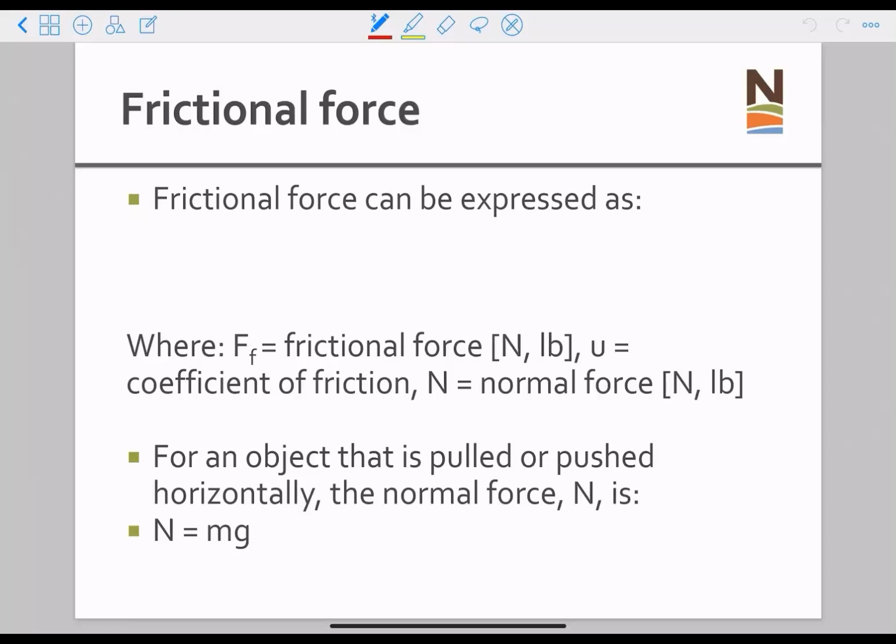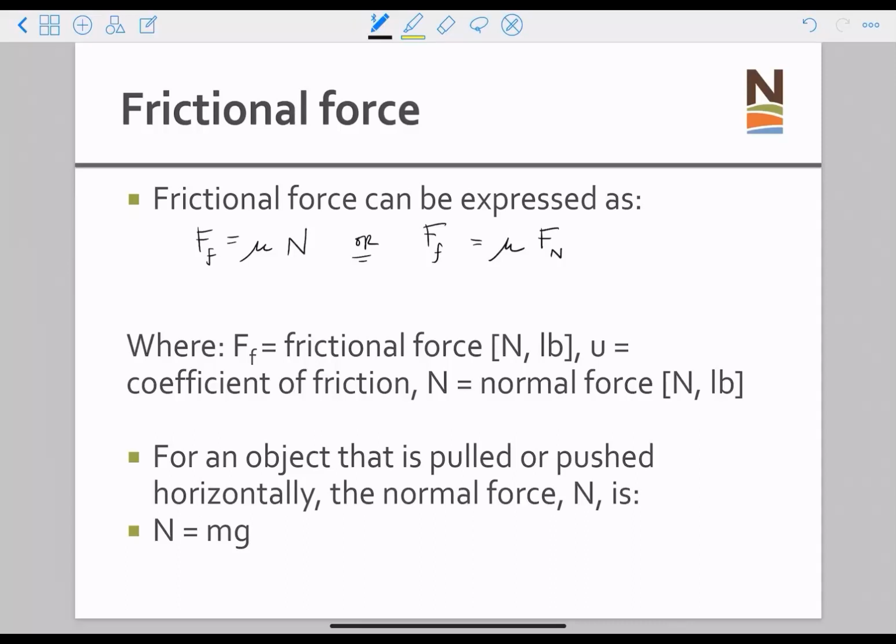So we need to include this force in our free body diagrams. How do we express this? Well, it's shown as follows. F sub F, for frictional force, is equal to mu, being our coefficient of friction, times the normal force. So you'll sometimes see it as N, or also written as F sub F equal to mu times F sub N for normal force.